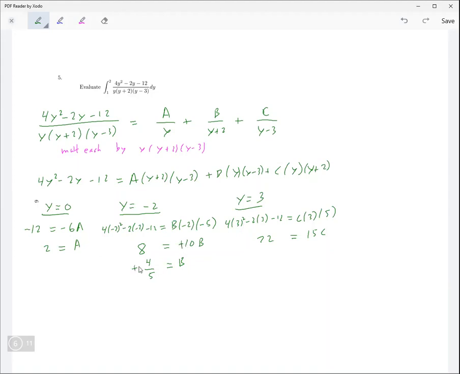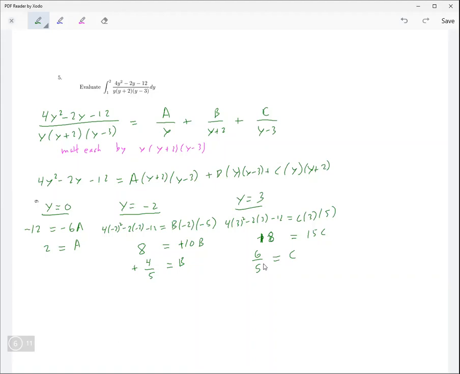This is plus. 36 minus 6 is 30, minus 12 is 18. So c would be, dividing both of these by 3, you get 6/5. So you get those values.